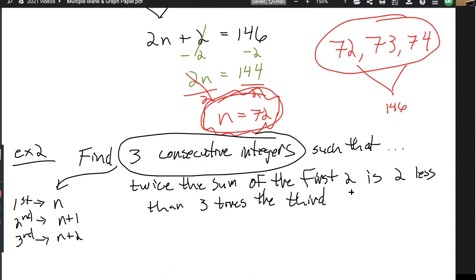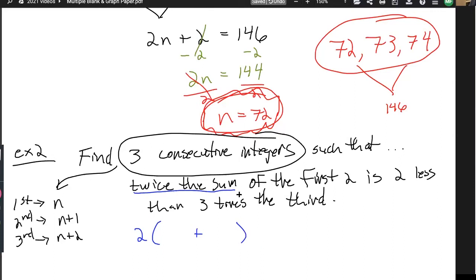Okay, so let's just do this one step at a time, one word at a time. How do you say twice the sum of something? Well, twice does not mean exponent. Remember, if I'm twice your age, I'm not squaring your age, I'm multiplying it by 2. So I'm going to go 2 times the sum of something. The sum, especially in this curriculum, is just adding 2 things together. So see how I have 2 times elephant butt? When you see the word sum, draw an elephant butt.